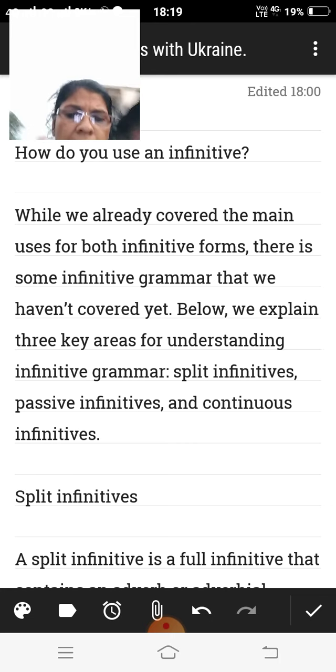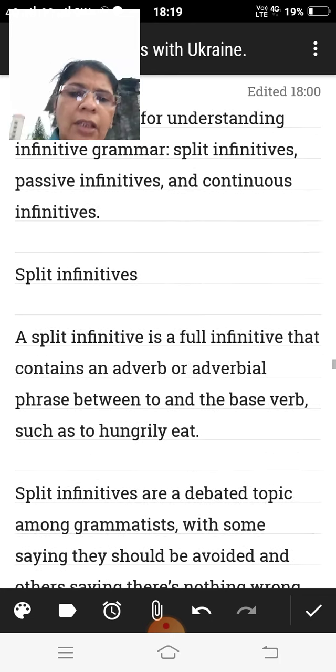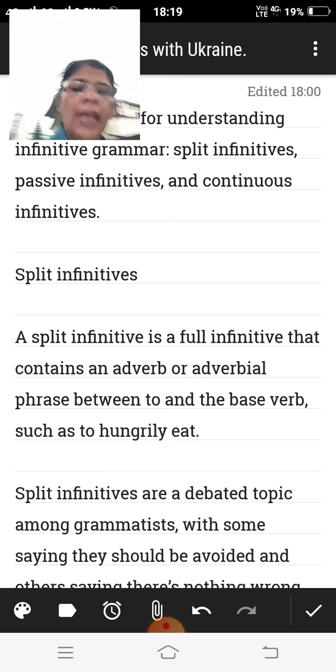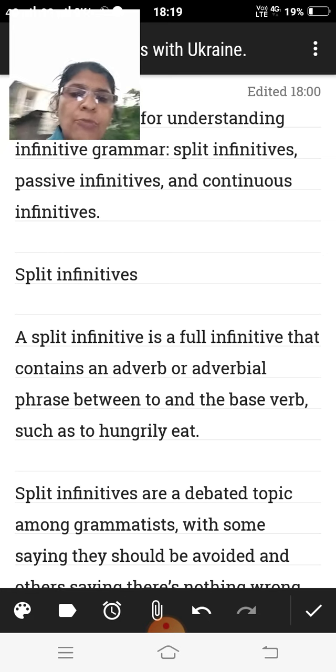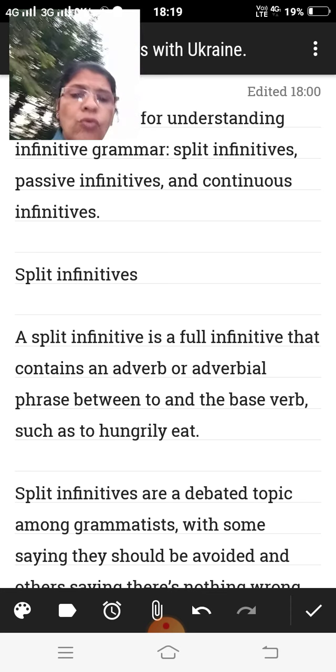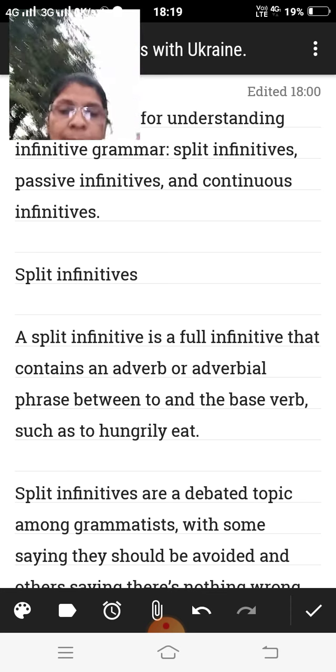Split infinitives. A split infinitive is a full infinitive that contains an adverb or adverbial phrase between to and the base verb, such as to hungrily eat.